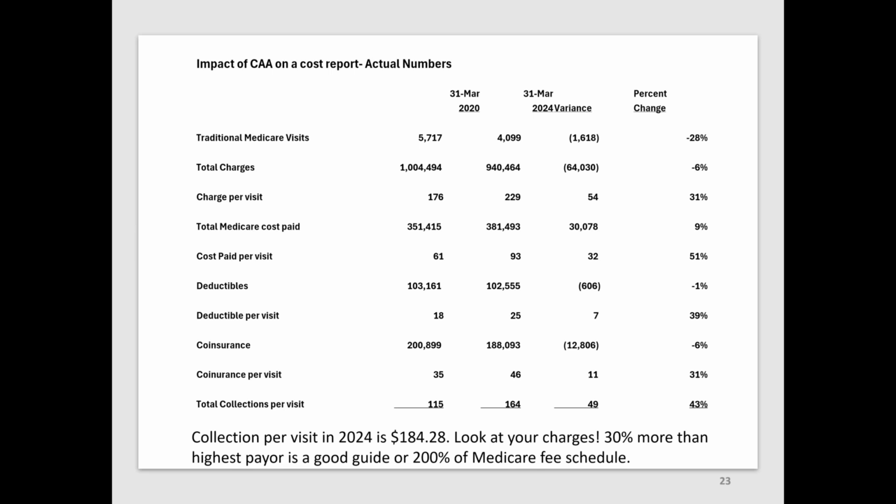The other 20% is 20% of charges as a co-insurance, and then the other 2% is what the government keeps for sequestration. So the variance is, yes, we went up by 51% in our payments for that 4-year period of time, which is great. But again, we had lower volume, so our net cash was only 9% more.